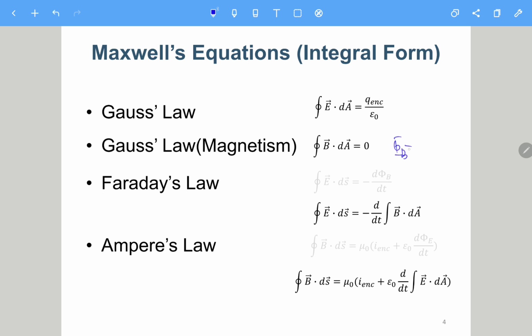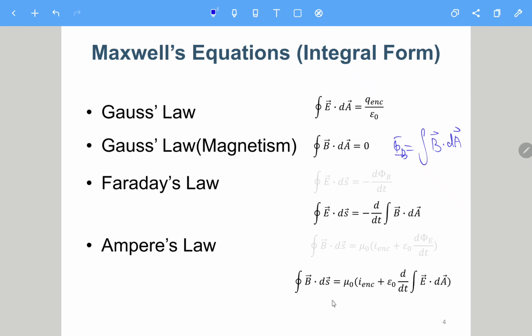The phi B is actually the surface integral of B dot dA. And for this one, originally this is d phi E dt, the derivative of the electric flux with respect to time. So we also write phi E as an integration of E dot dA.